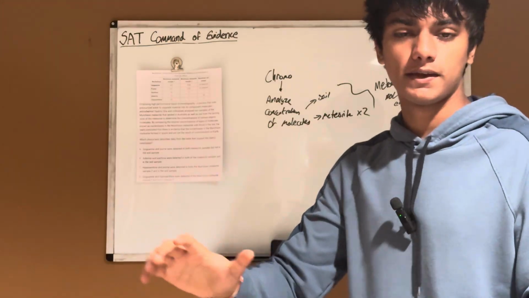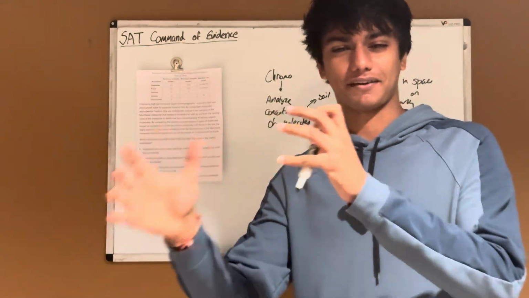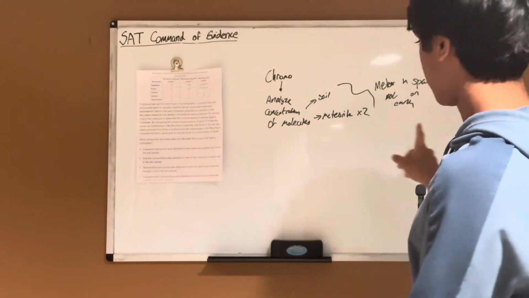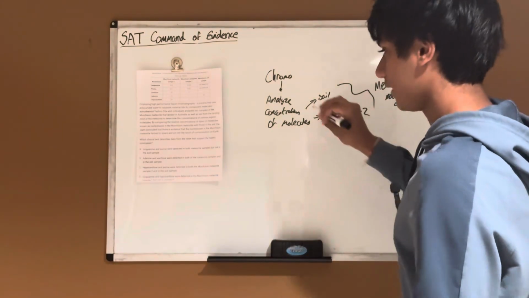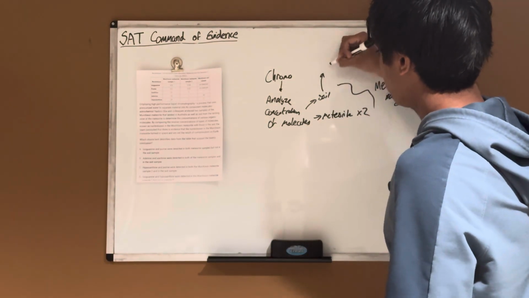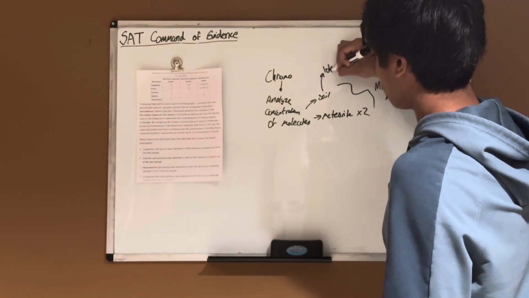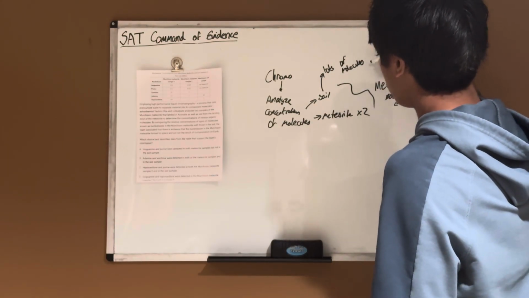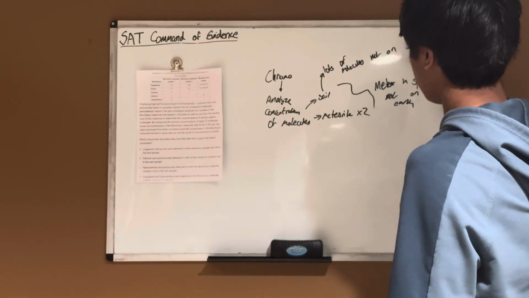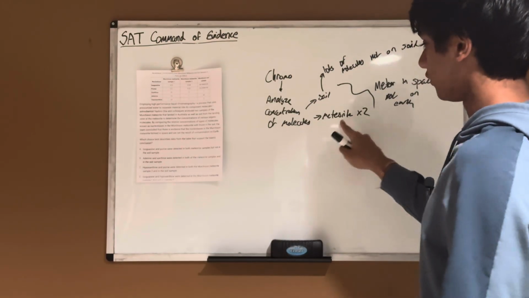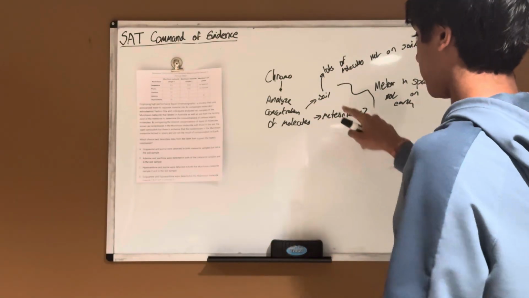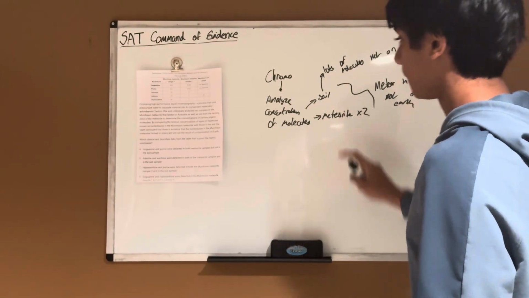Because if it formed on Earth, then that rock would probably have the same amount of concentration of molecules as the soil around it. But since it formed outside, we want some kind of evidence that shows lots of molecules in the meteorite, not in the soil. So we want molecules in the meteorite that aren't found in the soil, or vice versa, molecules that are found in the soil but not in the meteorite.